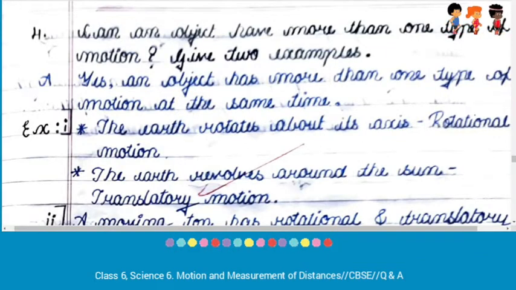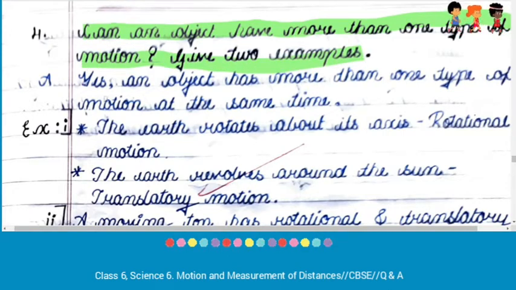Fourth one, can an object have more than one type of motion? Give two examples. Answer, yes, an object can have more than one type of motion at the same time.